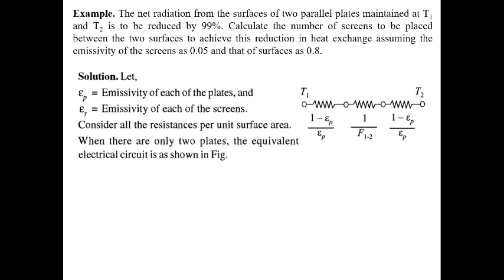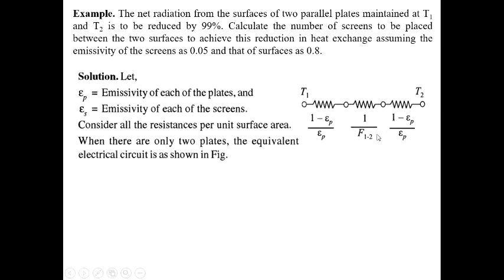When we do not use the radiation shield, from the electrical analogy, this is the surface resistance of surface one and this is the surface resistance of surface two. Both plates have the same emissivity, so this is 1 minus epsilon p by epsilon p. This is the space resistance 1 by F12, and this is again the surface resistance of surface 2, 1 minus epsilon p by epsilon p.